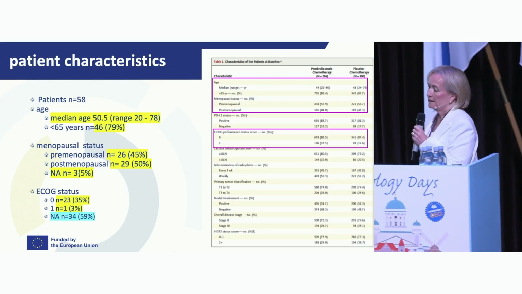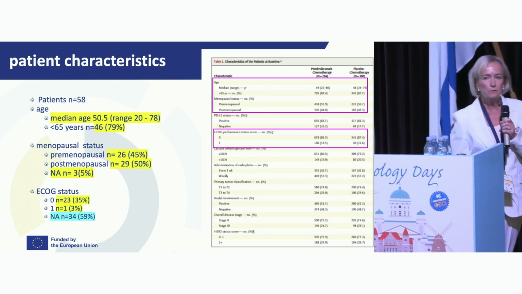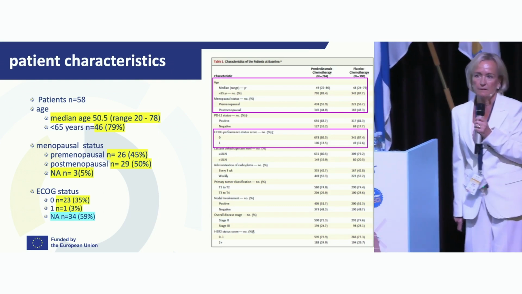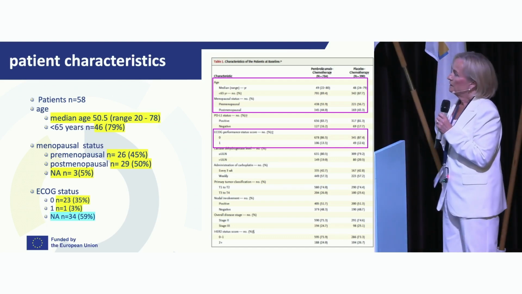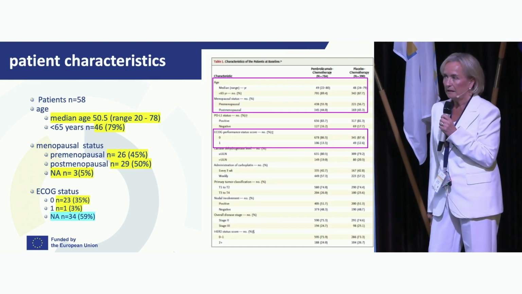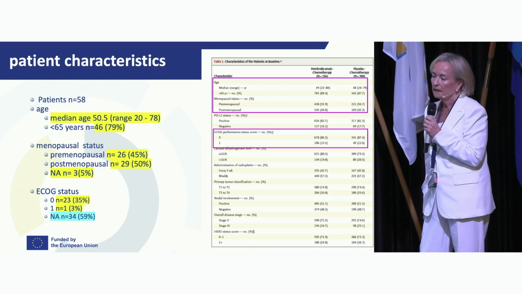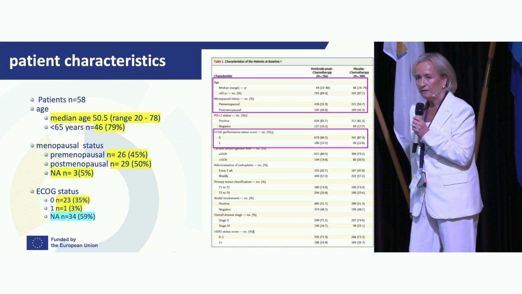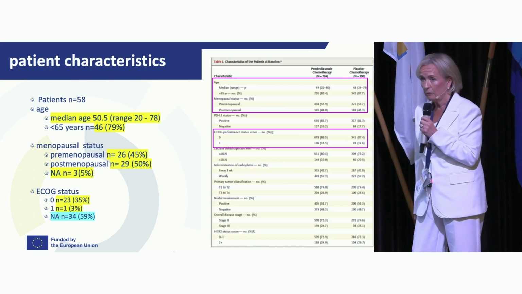About our use case, we are not trying to repeat the study. So we don't have the same inclusion criteria as in the study. We want to, of course, characterize the patient group, but the idea is to have a look at the efficacy or effectiveness of this new drug in our patients.